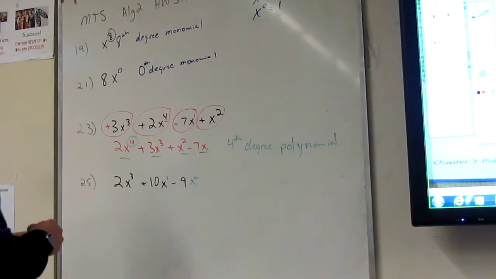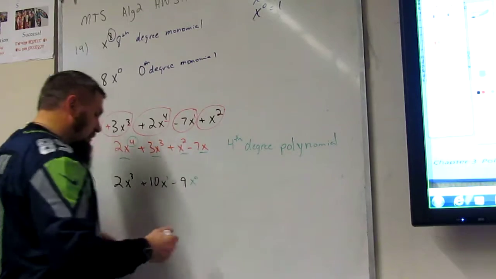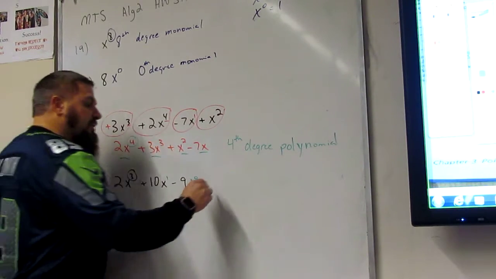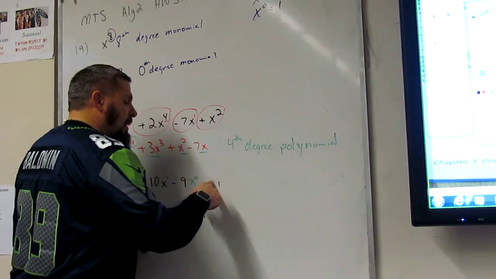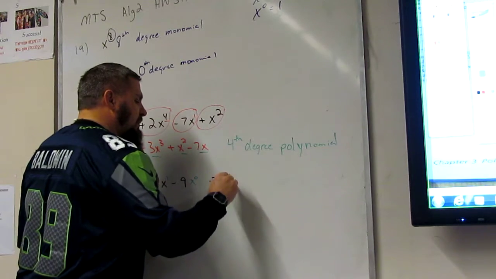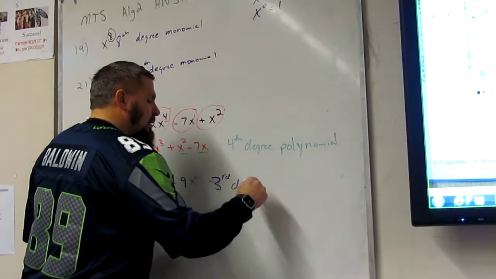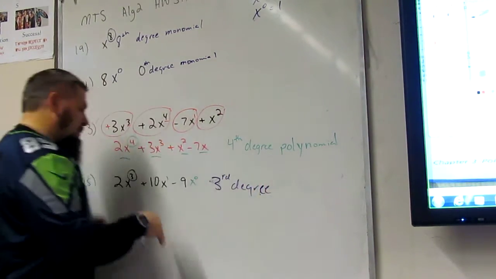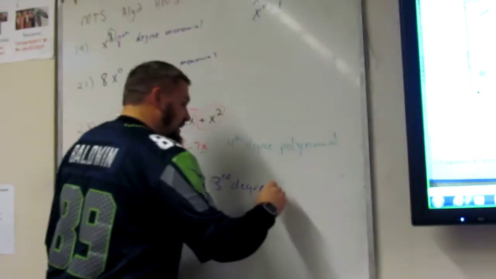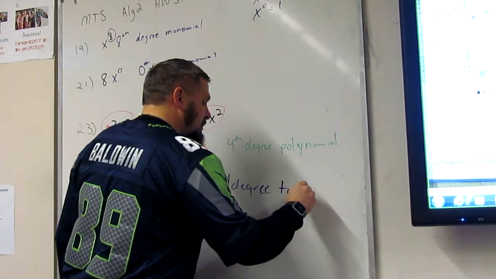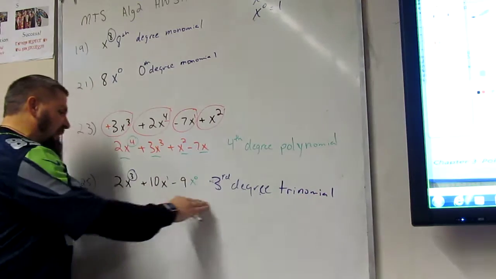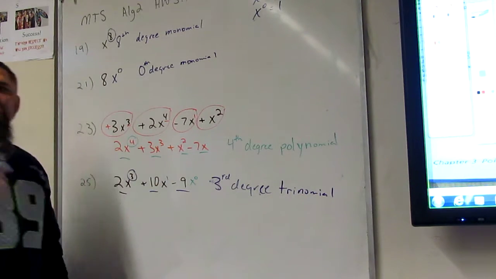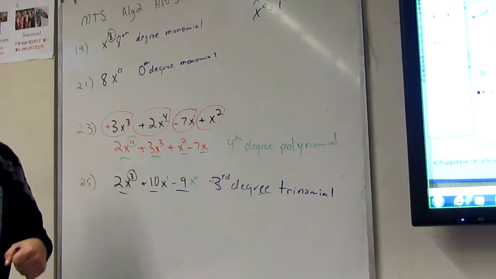So what do I name it? 3rd degree. Now, you can go 3rd degree trinomial, because that's how many pieces there are. 1, 2, 3 pieces, trinomial, like a tricycle.